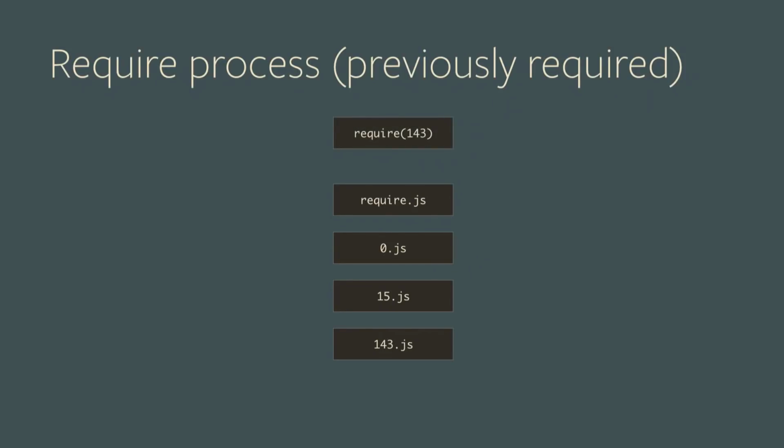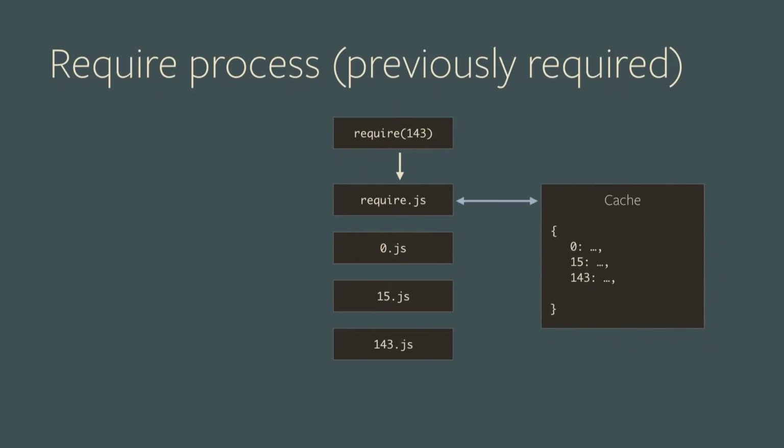Now, when you want to require something, you will call into the require implementation, and the require implementation has its own internal cache. For instance, because requiring the same module twice has to return the same instance, it will query the cache, and then since the module is there, it will just return it. Now, this is a pretty straightforward process, and again, literally every single bundling system does the same.